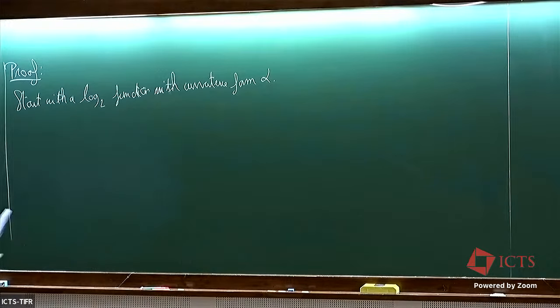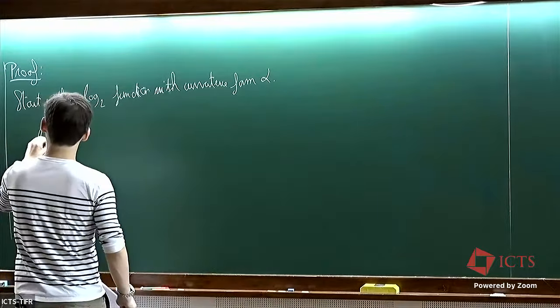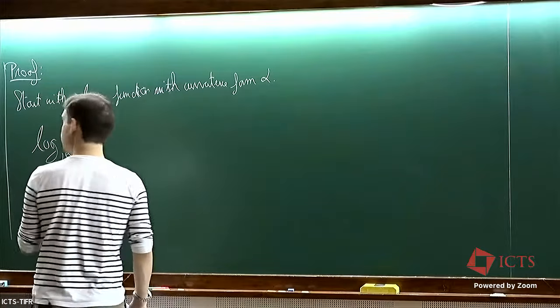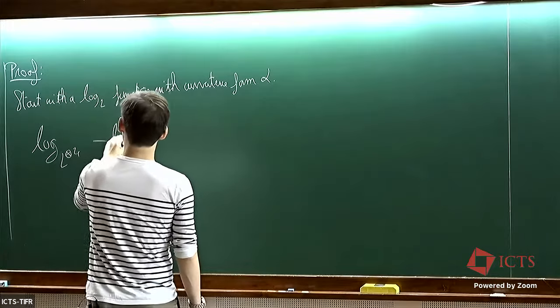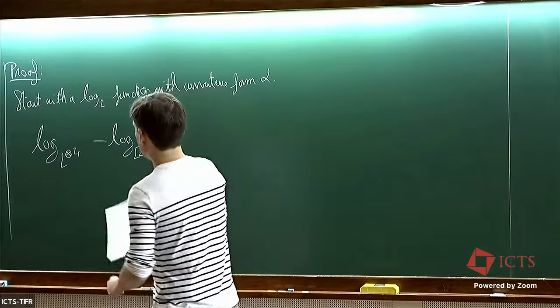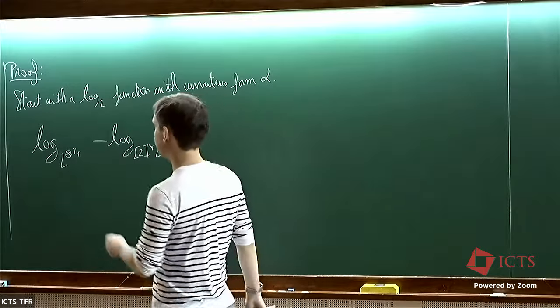So if you start with the log L function with curvature form alpha, well, you can look at log L tensor 4, okay, and this is isomorphic to log [2 star] L. So you can compare them here up to isomorphism, which you have.